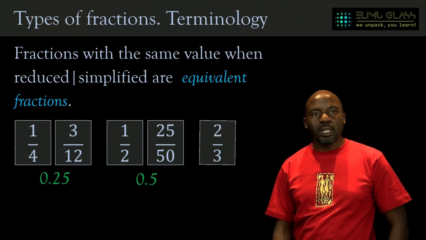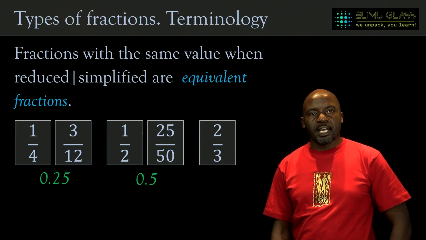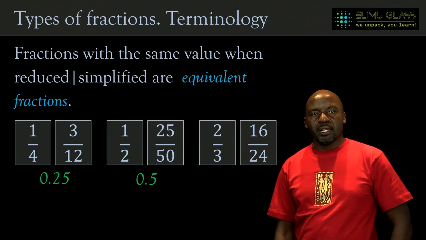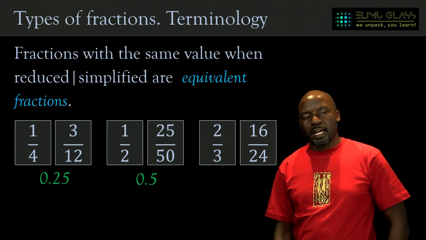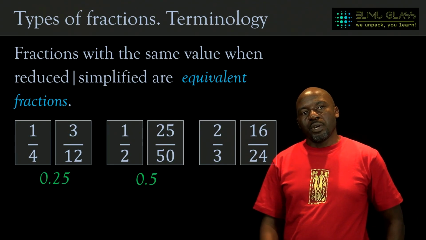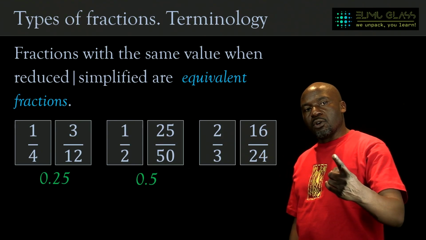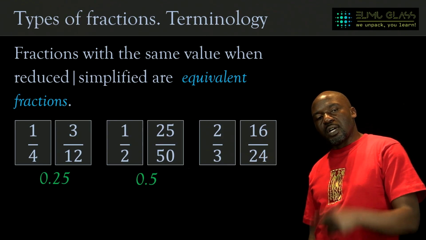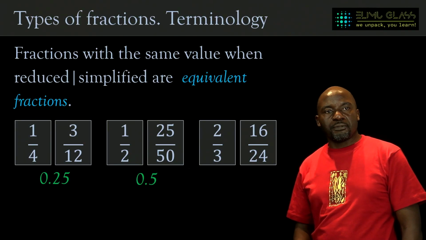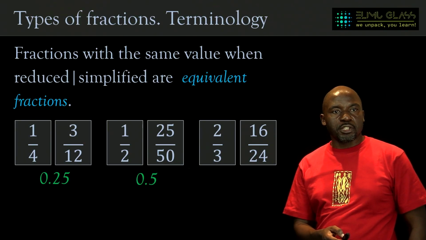What about 2/3 and 16 on 24? 16 on 24, we can see 8 goes into 16 twice and goes into 24 3 times. So again, 2/3 and 16 on 24 are equivalent fractions.